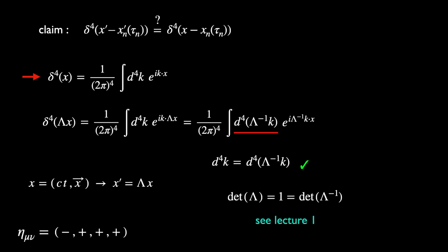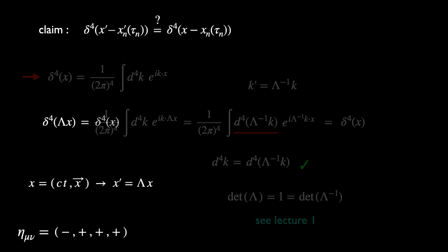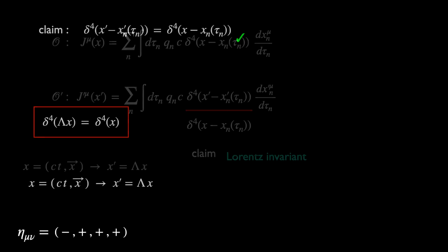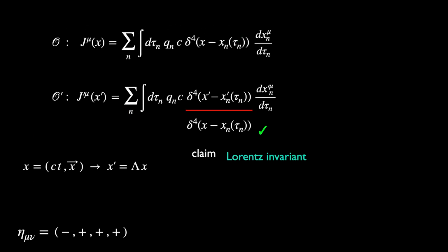Doing this just means that we are merely changing the integration variable to k prime, which doesn't change the result. Thus the delta function is indeed invariant under Lorentz transformations. So we can make this replacement of the delta function.